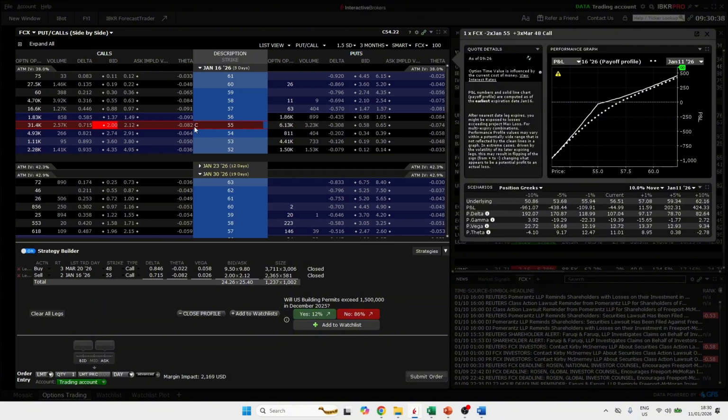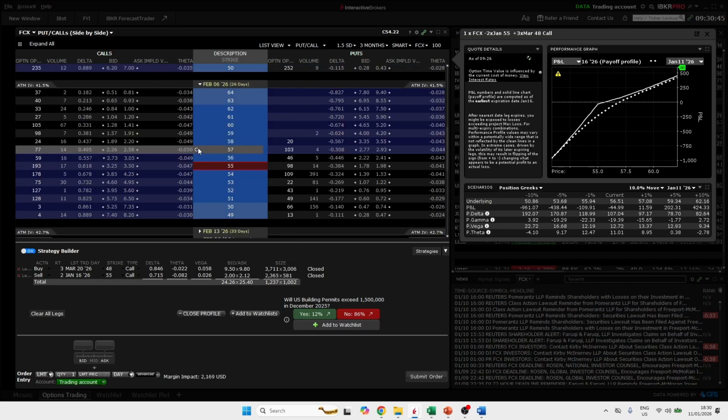On top of it, you can see that the 55s are trading for about $2.10 and the 57s are trading here, maybe for about $2.30 to $2.40. So I can make on the 2 contracts about $40 to $50 in credit. So on top of unlocking some profit, I can also make a credit on top of it. So that's the type of adjustments that I like to do in these positions.